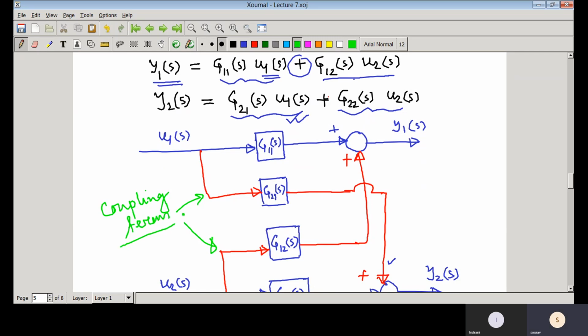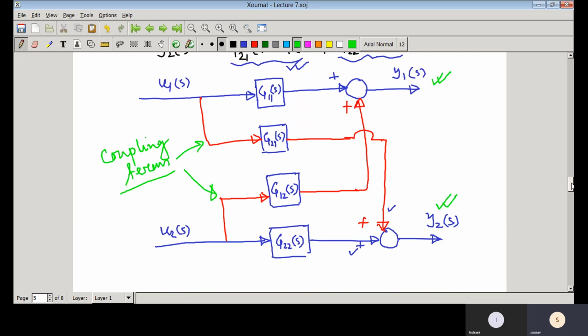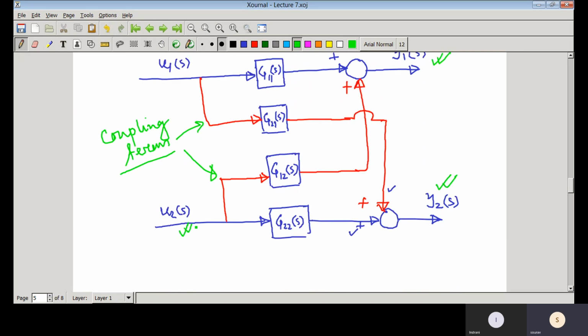Why is it coupling? Because you can see that output channel Y2 depends on U1, that means channel 1, through this particular transfer function.